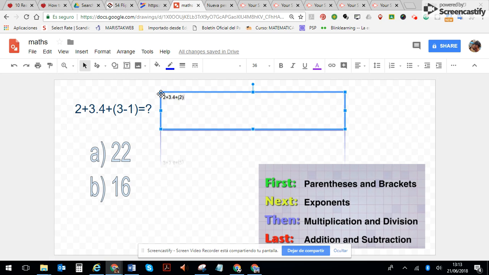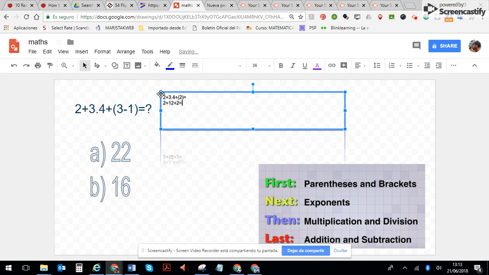All right? Next step would be exponents, which is not the case. Okay, we would forget about that. And then we would go to the next step, and it says multiplication and division. So this would be our next calculation, right? So it'd be 2 plus 12 plus what we got earlier, which is 2 again, right?